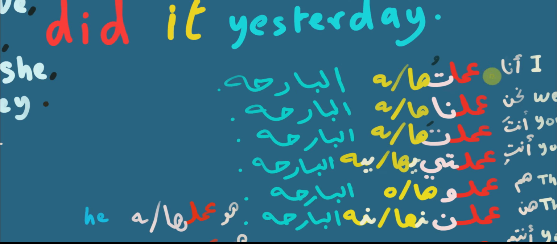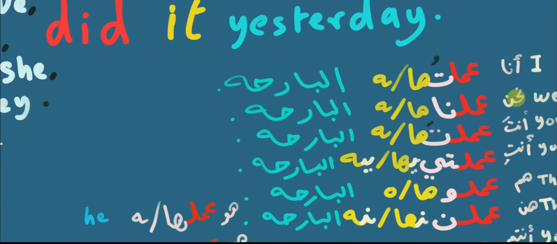So you say عملتها البارحة if it's feminine, عملته البارحة if it's masculine, the thing you are talking about. And it doesn't have to be feminine or masculine in nature, just the name would be a feminine name or a masculine name. So it doesn't have to indicate the nature of the thing you are doing. It's just how the name is given to it, a feminine name or a masculine name.